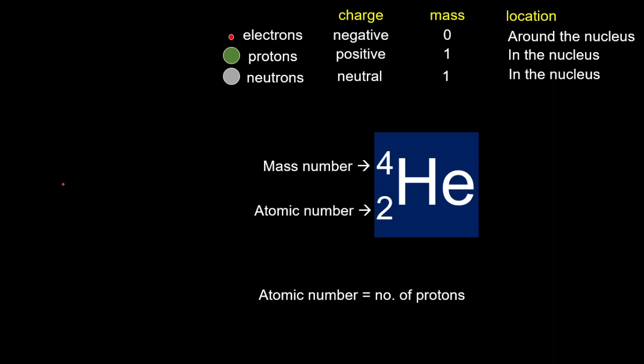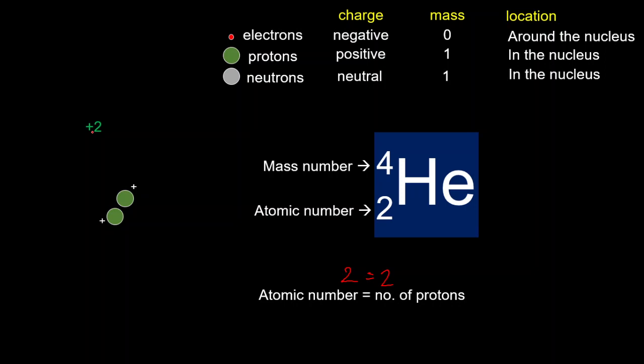Therefore, how many protons are in a helium atom? Atomic number 2 also means there are 2 protons. So if we try to draw this, we have 2 protons in the nucleus. Right now, the charge of this atom is positive 2 because there are 2 protons and protons are positive.